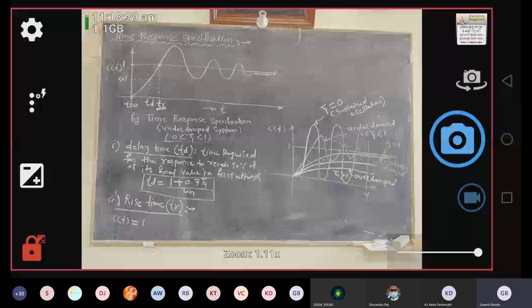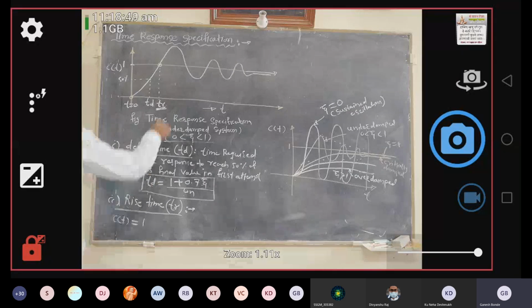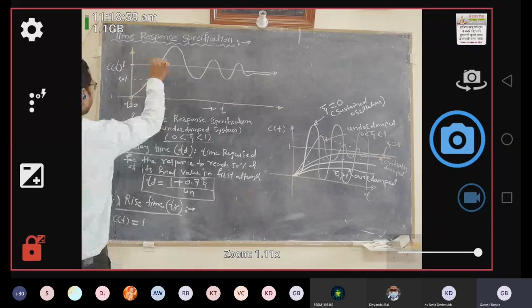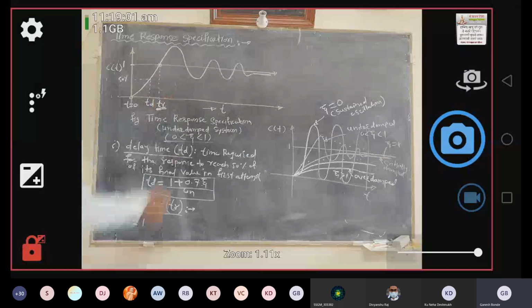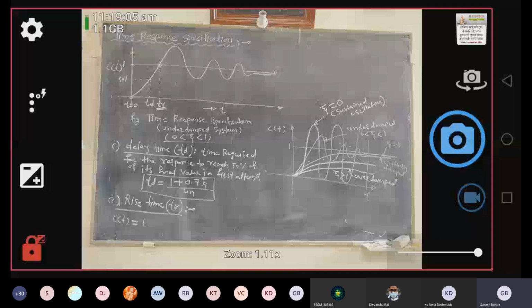Here we are deriving the expression for rise time TR, which is the point corresponding to when your output reaches 100% of its final value. That means when your output reaches unity. So in order to determine the expression for TR, we take the time response of an underdamped type system.